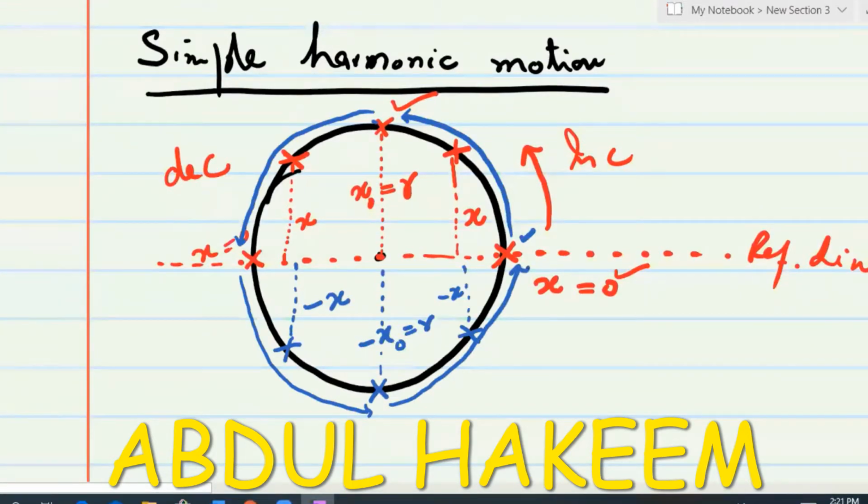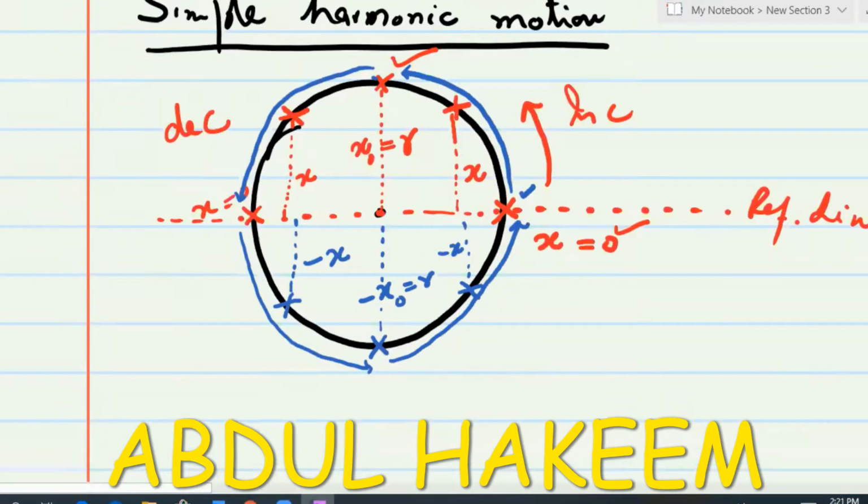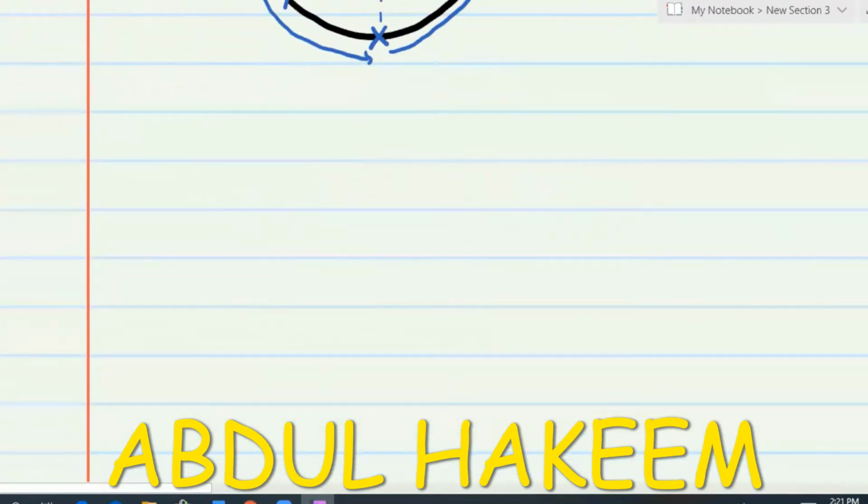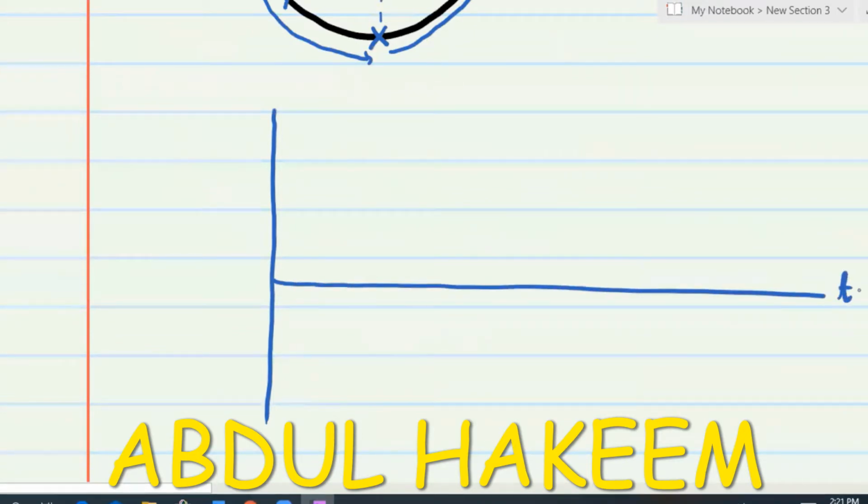So we have to draw the graph of displacement against time. So displacement is dependent and the time is independent. Time on the x-axis, displacement in meters on the y-axis, this is 0 and this is minus x.